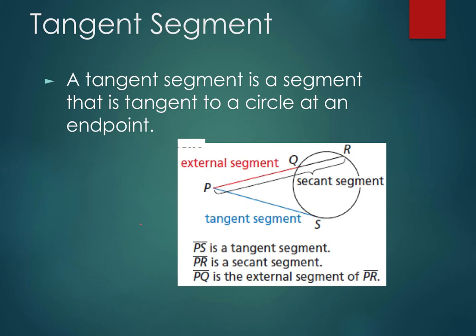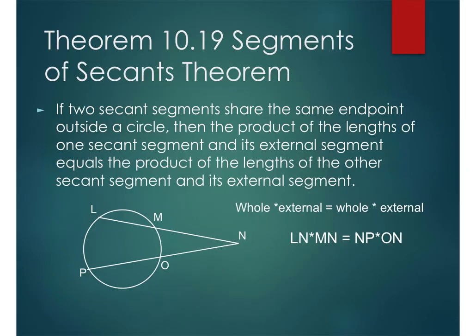It's always outside the circle. It never goes inside the circle, okay? This is really important when we find out about the next 2 theorems. So make sure you understand what a secant segment is versus a tangent segment, okay? Secant is both outside and inside the circle. Tangent will always be outside the circle. Okay.